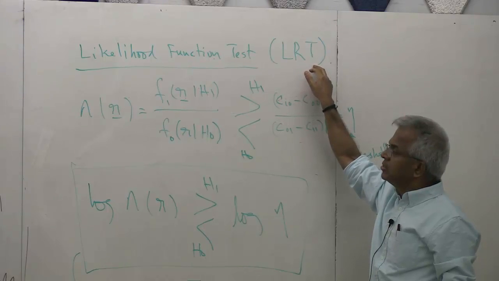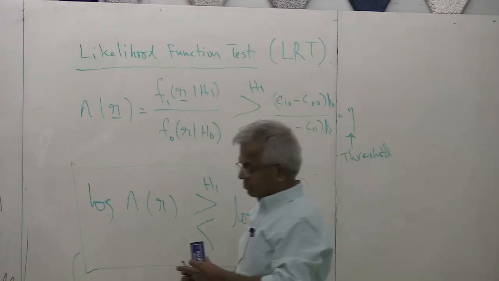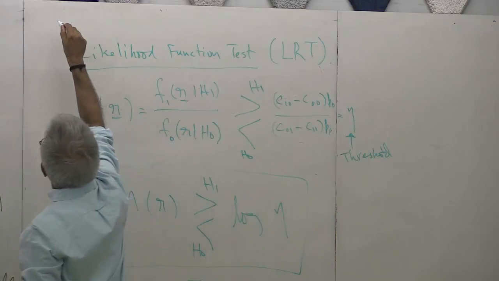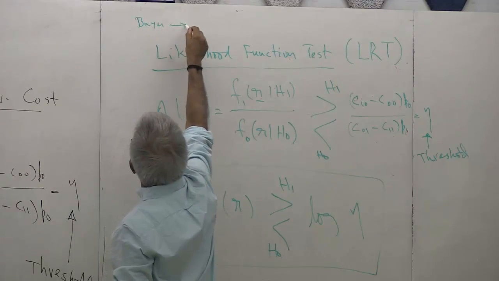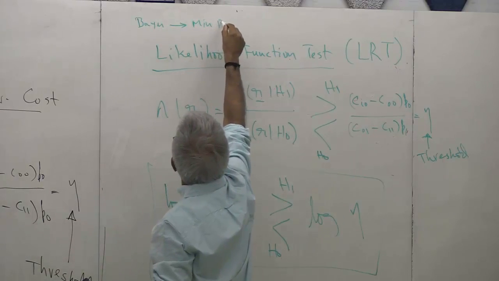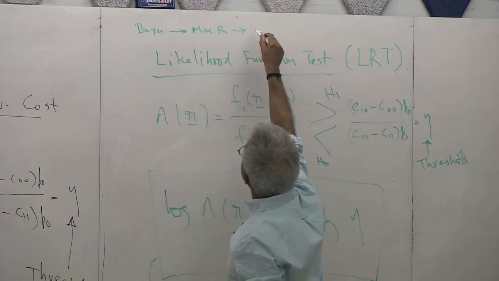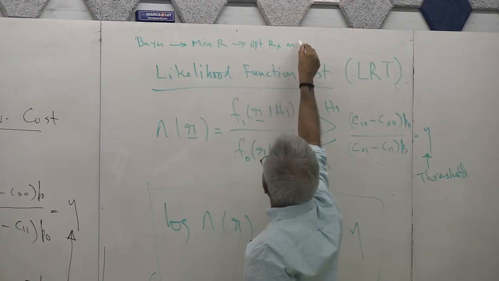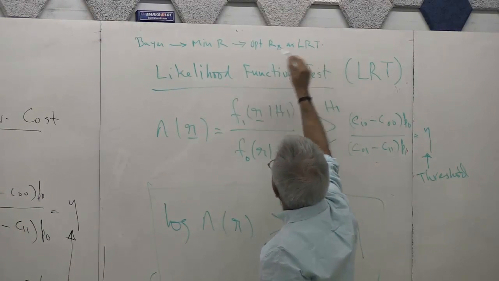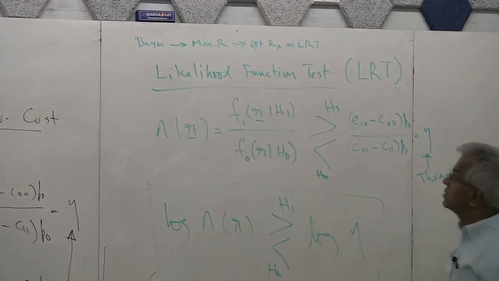LRT is the optimum. So to summarize, the Bayes procedure is to minimize the risk, and that leads to the optimum receiver as the LRT. Now it makes sense. You can read what it says.